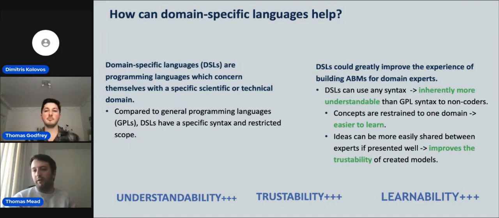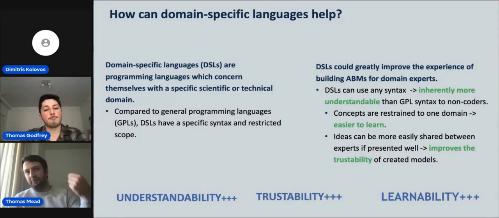They're inherently more understandable than general programming languages to non-coders. And because you restrict your ideas to a specific domain, they are going to be easier to learn because there is less for them to learn. And hopefully, once you've built your model, these are going to be instantly recognizable to other domain experts. And this is really vital for building trustable models, is having them be able to be interrogated by other experts in your field.